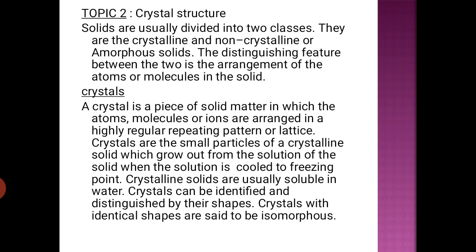Crystals are the small particles of a crystalline solid, which grow out from the solution of the solid when the solution is cooled to freezing point. That's when you can get these crystals. Now, crystalline solids are usually soluble in water.